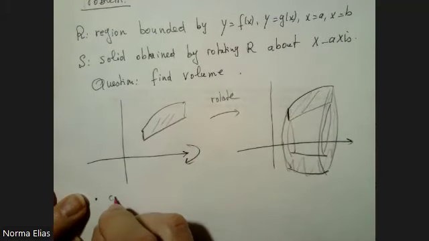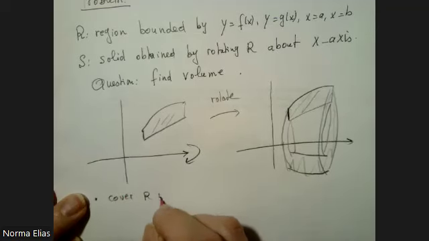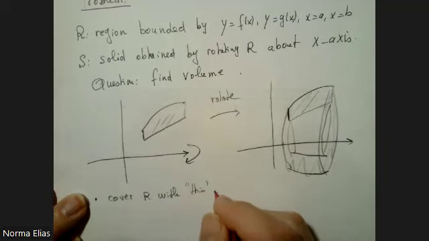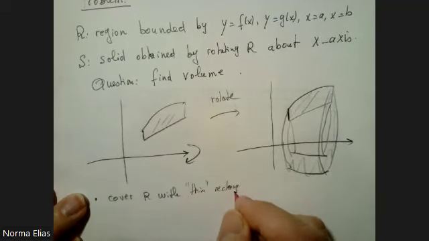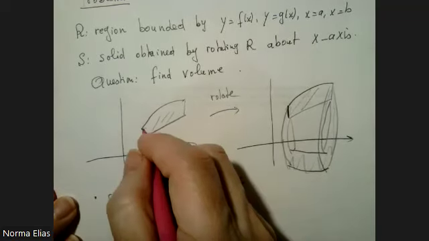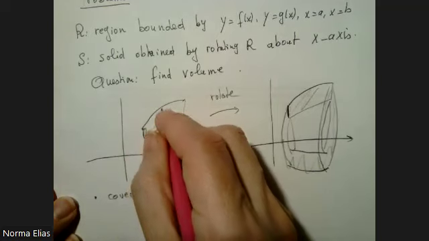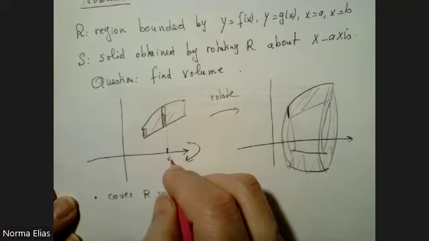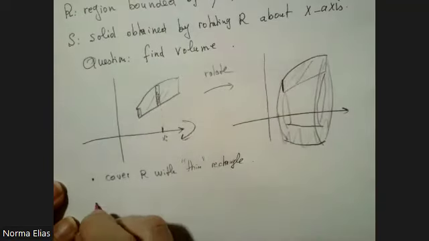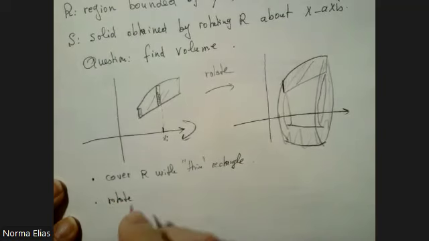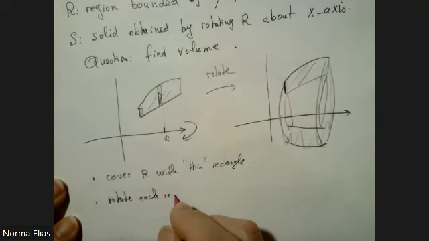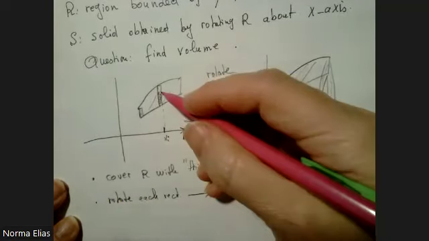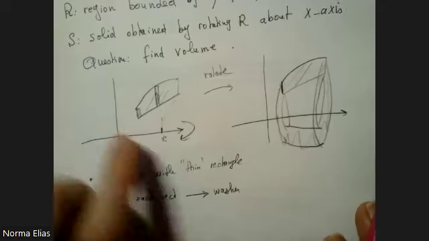So first, cover R with thin rectangles. Okay, that's our principle. So we're going to cover this with those little pieces. So this is my xi. Okay, we're going to rotate each rectangle, and this will give me a washer, because when I rotate this rectangle, there is a big hole in here, so I get a washer.